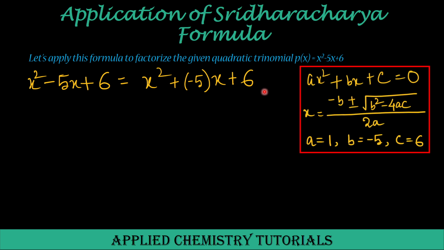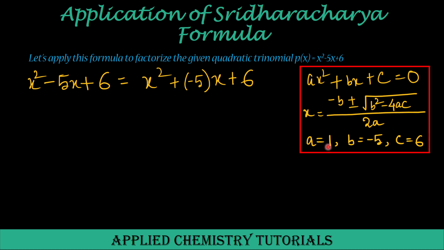So before applying the Sridharacharya formula, let us have a quick recap. When the quadratic equation is ax square plus bx plus c equals 0, the roots will be minus b plus minus root over b square minus 4ac over 2a. Now in this problem we try to find the similarities between these two equations.